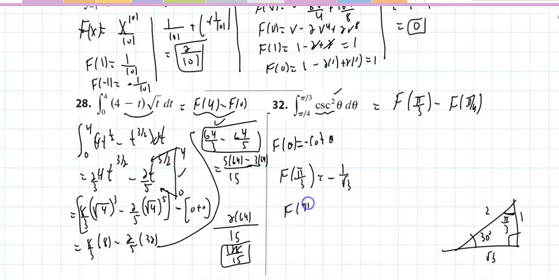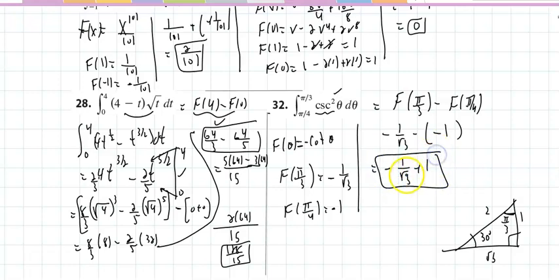And f of pi over 4, well, we know at 45 degrees that's a 1. So this is actually a negative 1 over radical 3 minus a negative 1. That turns out to be negative 1 over radical 3 plus 1. That's a fine answer. Could get a common denominator, rationalize, do all of that stuff.